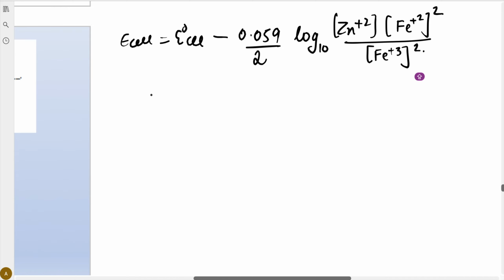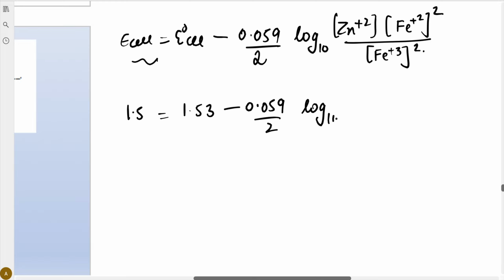Now E cell is given to you 1.5, E naught cell is 1.53, which you calculated, 0.059 by 2, log with the base 10. Zinc is given to you as 1 molar, and iron you need to calculate. Fe2 positive power 2 divided by Fe3 positive whole power 2.